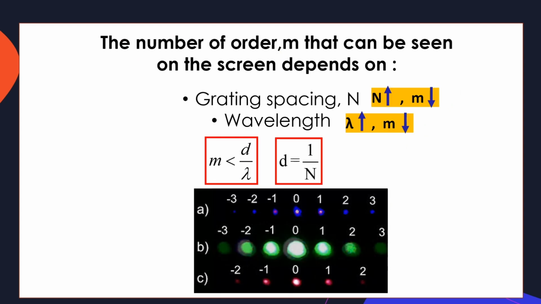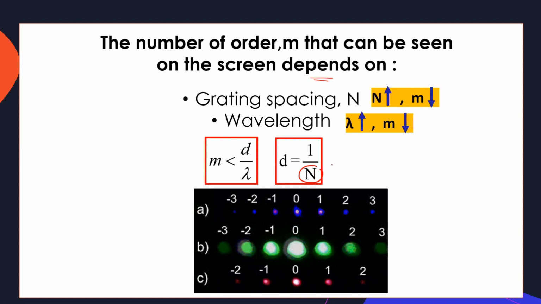Now let's look at the relationship between m and d, and also m and lambda. We can see here the number of order m that can be seen on the screen depends on, so this is very important, N, because d equals 1 over N, where N is the number of lines per millimeter, and d is the grating spacing.